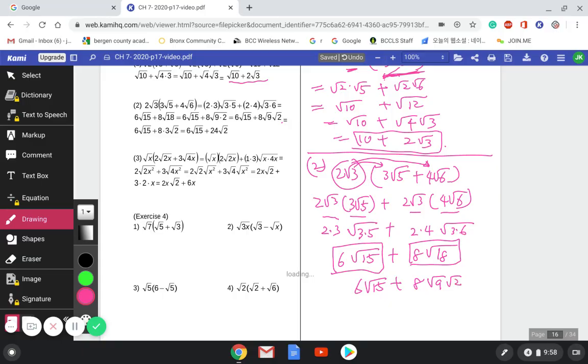So you can break them, and you finally end up with 8 times 3 radical 2. So 6 radical 15 plus 24 radical 2. And you cannot combine them because they don't have like terms. So your final answer becomes that.